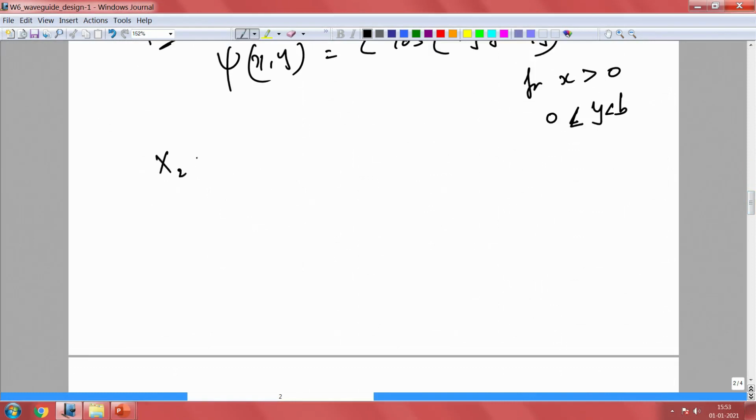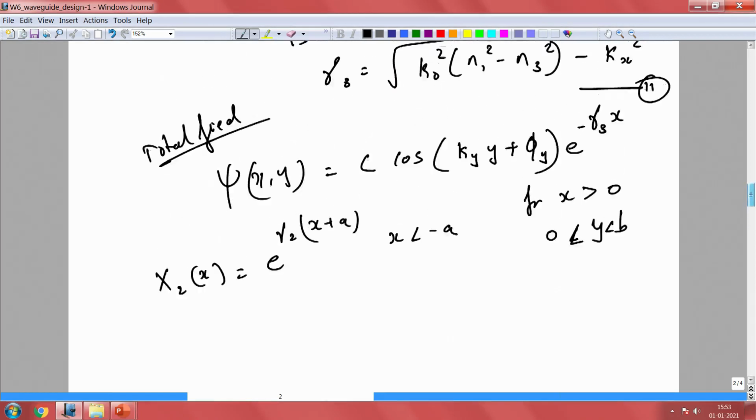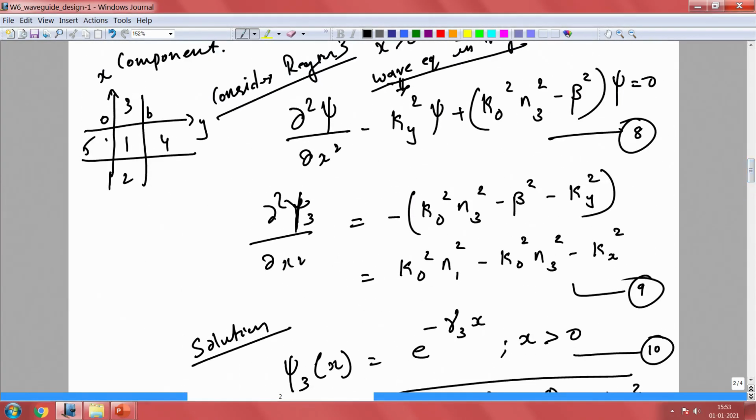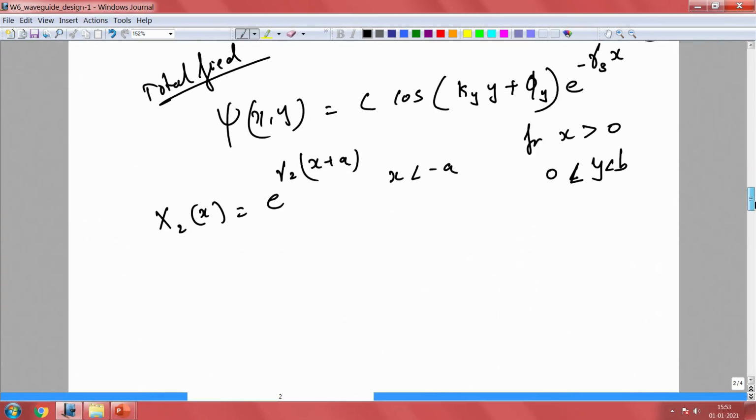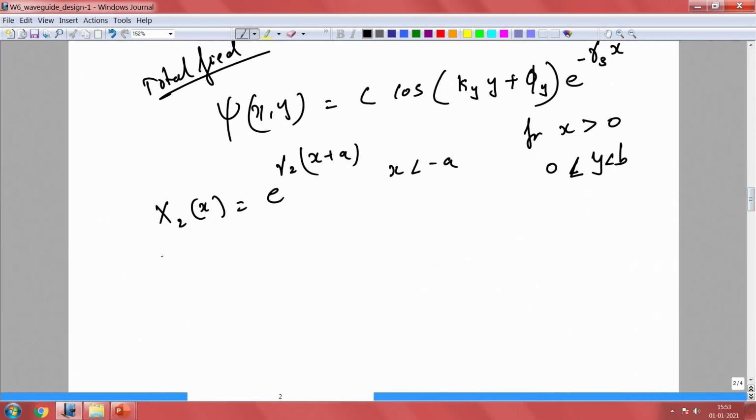So chi 2 of x will be e to the power gamma 2 times x plus a for x less than minus a. So a is nothing but the width here. Okay. So the dimensions are a and b, and then you could have chi 4 of y is nothing but e to the power of minus gamma 4 times y minus b.